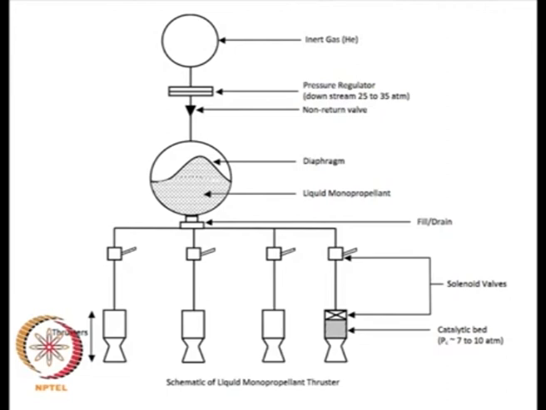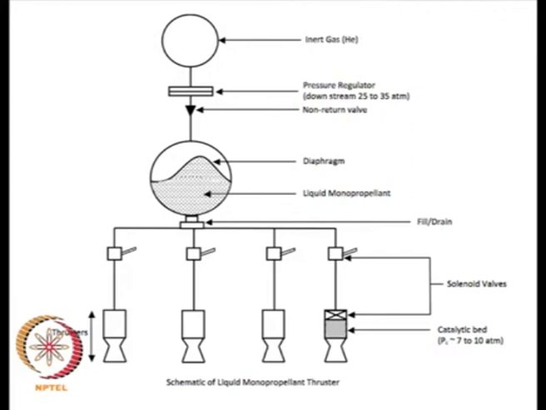But unfortunately, if you want to store them for a longer time, because this is very low molecular weight, it is usually seen that it tends to leak over time, and you cannot store it for very long times, and therefore people also use nitrogen as a pressurant. Nitrogen, you can store it for a much longer time.